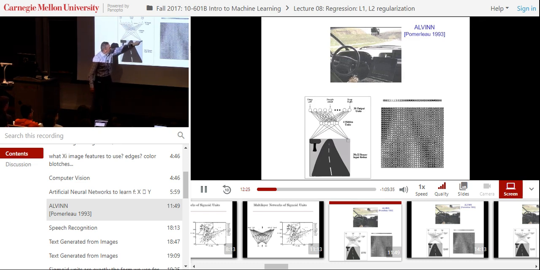He turned that image into a 30 by 32 grid of pixels, just like we could do with the Hillary photographs. And he trained a network which is 2 layers.